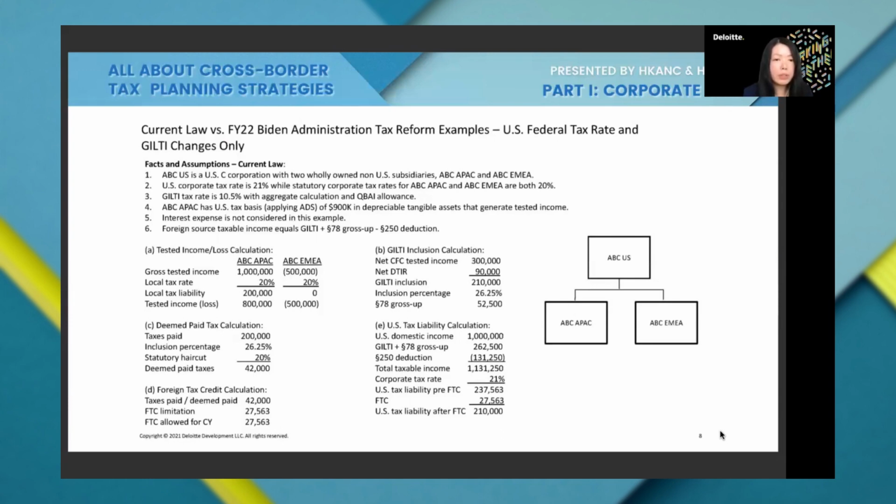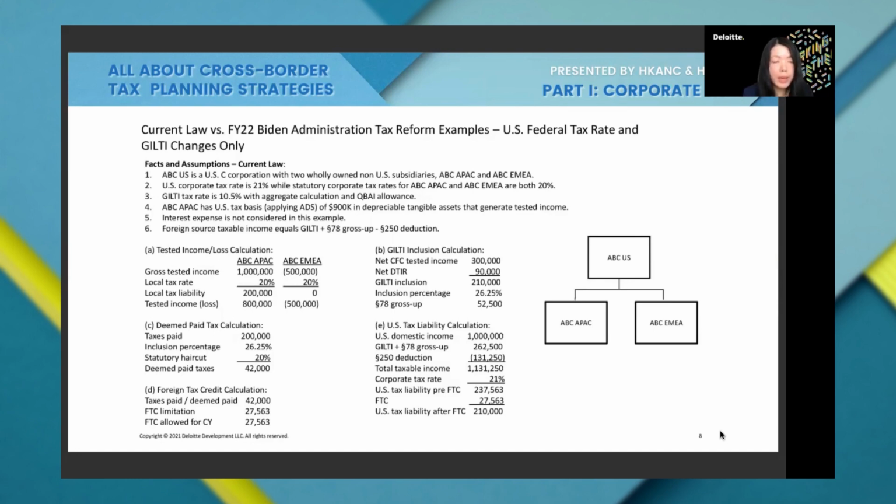And then also the two key components that I discussed earlier, which are the country-by-country calculation under the new tax reform that we are expecting, and the elimination of the 10% return on tangible assets. Because of those four changes, you will see that the U.S. tax expense would increase by more than 50%.